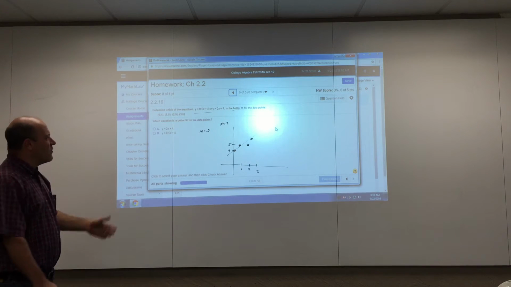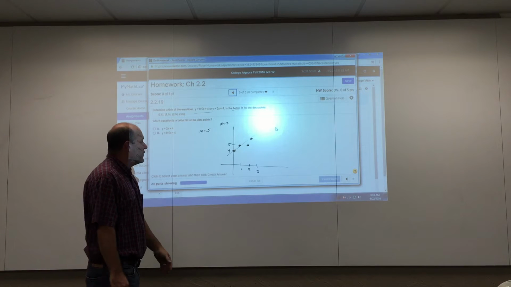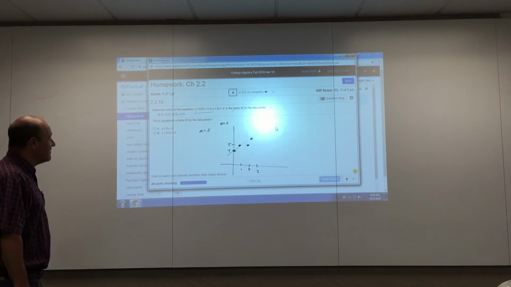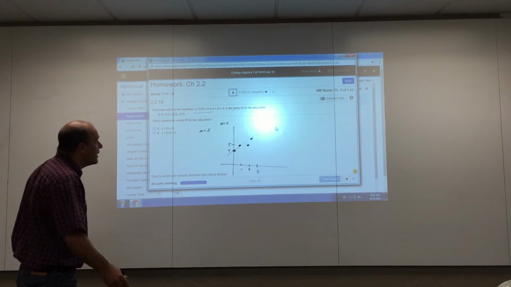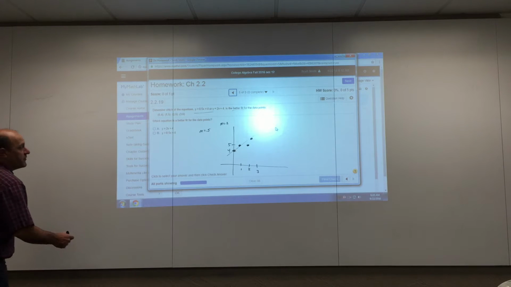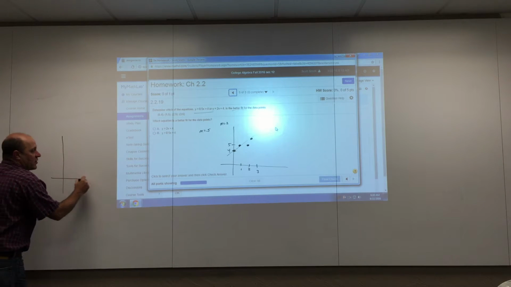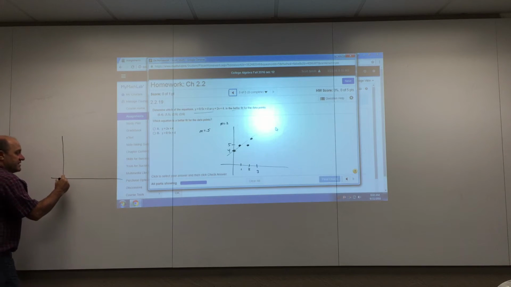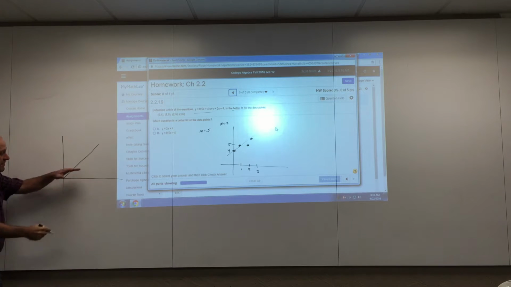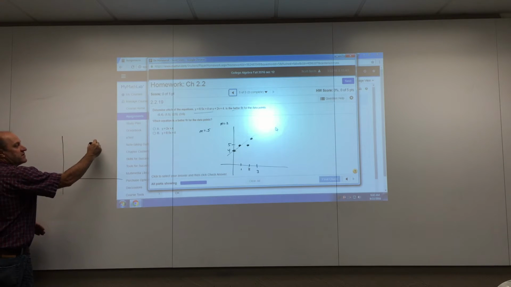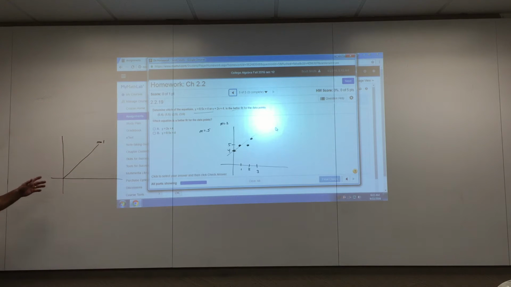But one of them has a slope of 1/2. One of them has a slope of 2. I'm a little bit in debate mode here. Back in chapter 1, I tried to just make you think about slopes. This line right here that makes a perfect diagonal has a slope of 1. That's what happens when you go up 1 over 1, up 1 over 1, up 1 over 1.